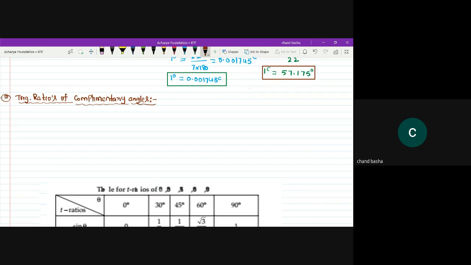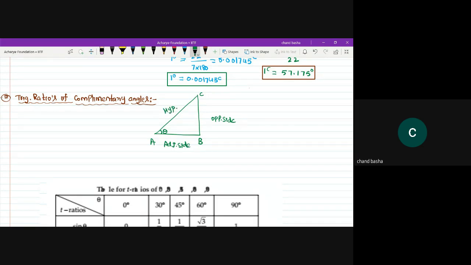Let's see. Suppose I'm taking a right angled triangle, this is A, this is B and this is C. As you know, this is an angle theta, and we can take the opposite side, the adjacent side or base, and the hypotenuse.